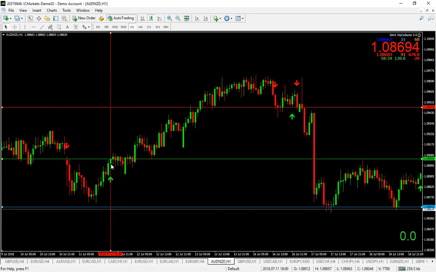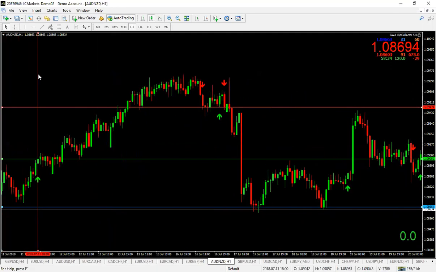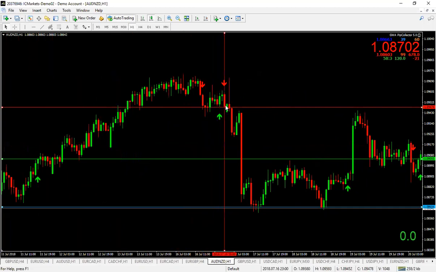Now, this is if it was a buy, but in the case of a sell, this was the trigger candle.